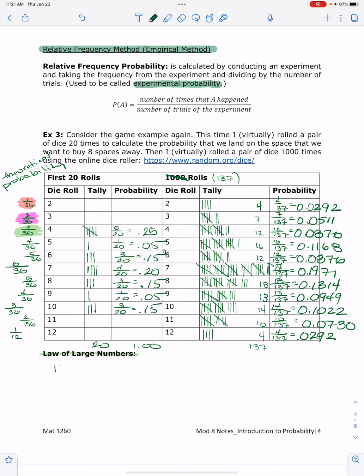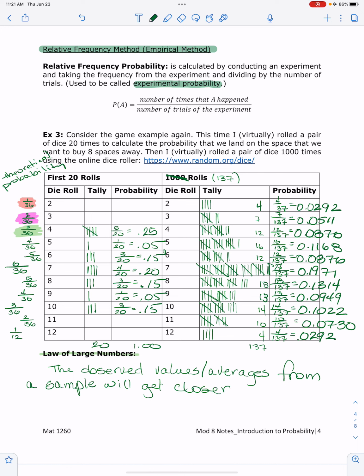The law of large numbers says the observed values or averages from a sample will get closer to the population averages as the samples get larger.